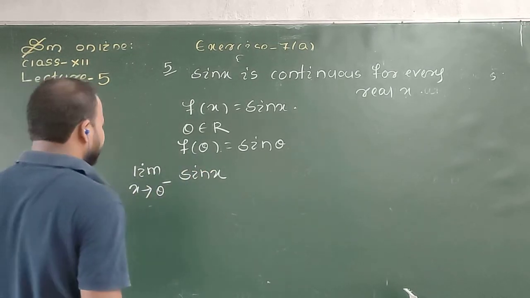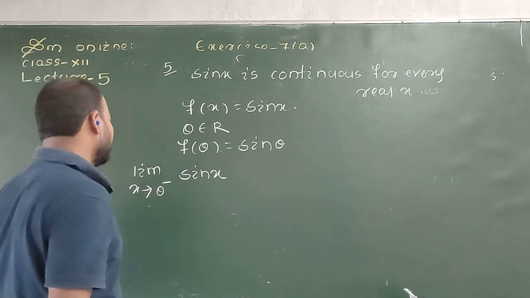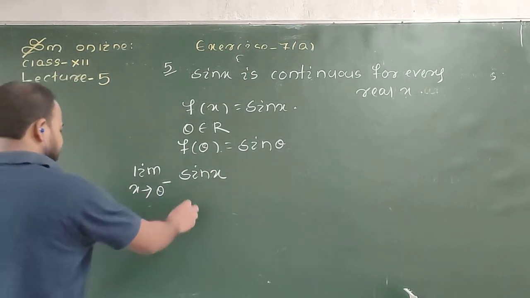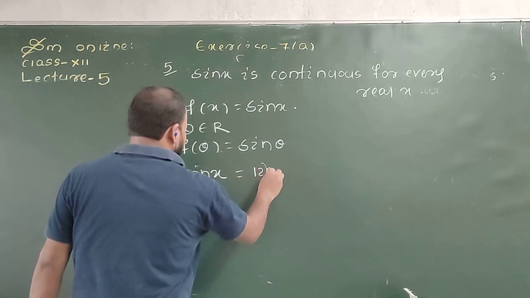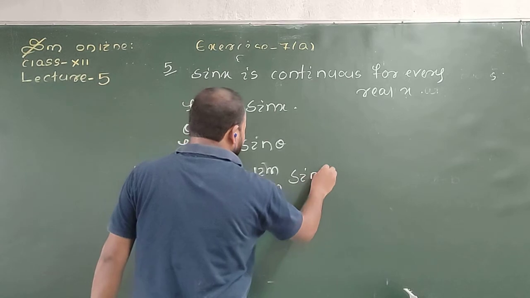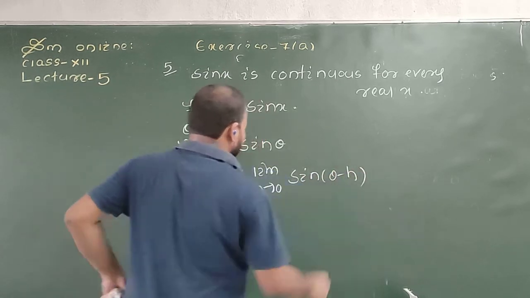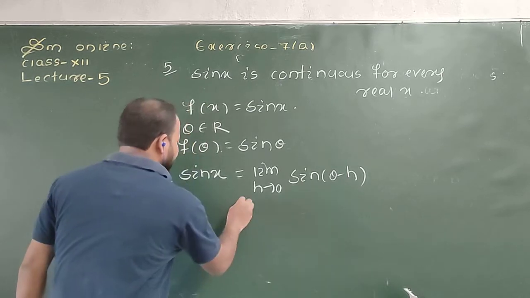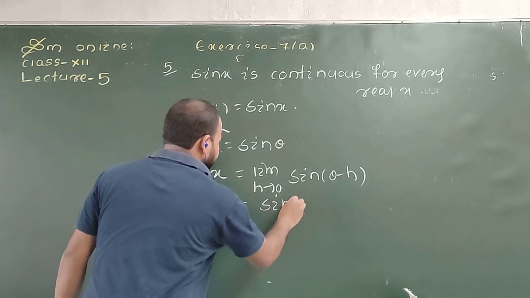For the left hand limit, we put x equal to theta minus x, and x tends to 0. So we get limit x tends to 0 of sin of theta minus x. If we put the value of x equal to 0, we get sin theta.